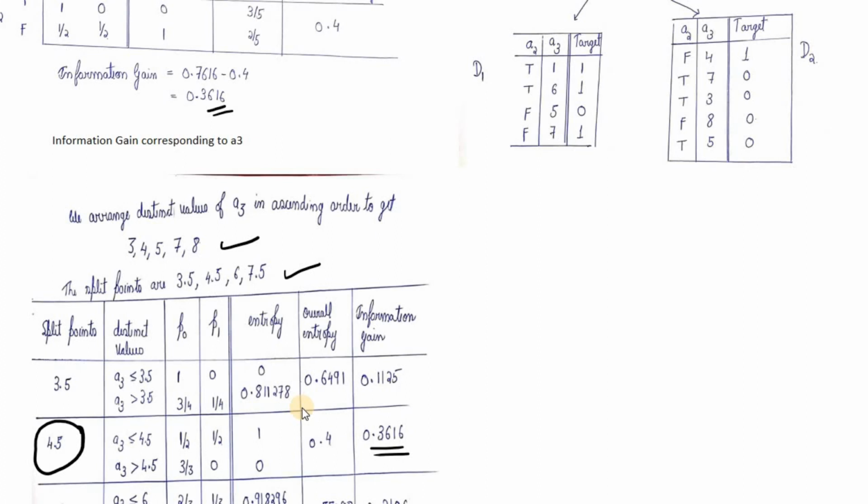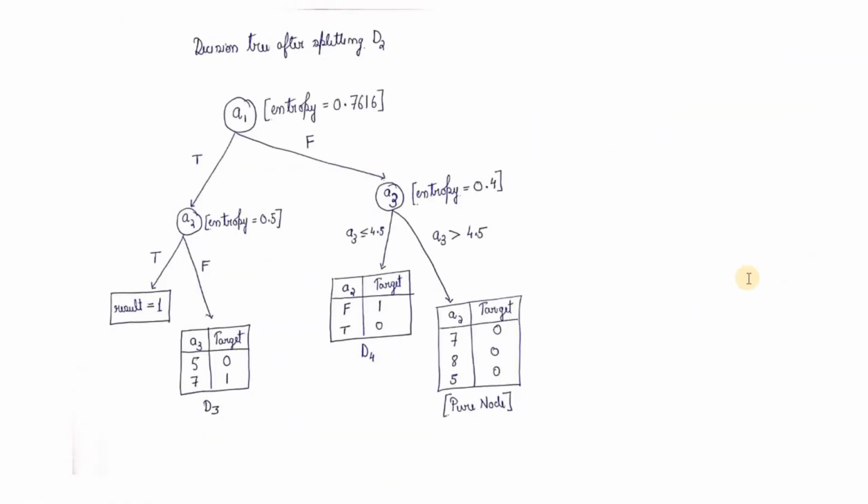This results in two subsets of D2 again. One will be a pure node and the other will be D4. Let's see what happens when we split on A3. Over here we can clearly see that we get a pure node, because all the values corresponding to target are 0, and over here all the values corresponding to target were 1.